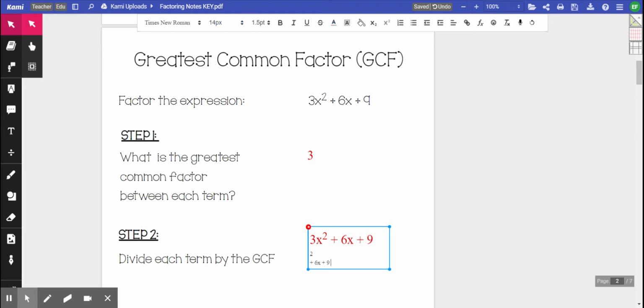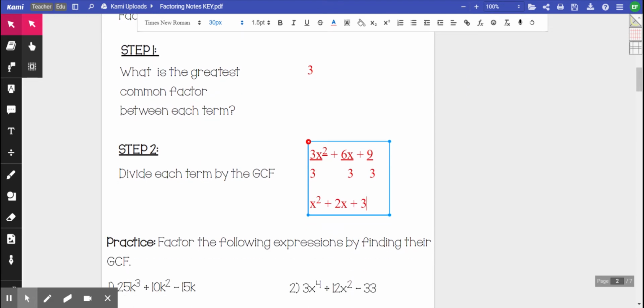If we divide each of those terms now by 3, we divide that term, all 3 terms, we have to divide by 3, we will get x squared, and then plus 2x, and then plus 3. We are just rewriting our original expression.